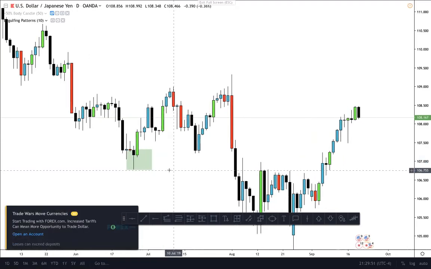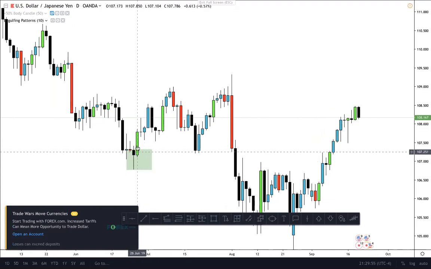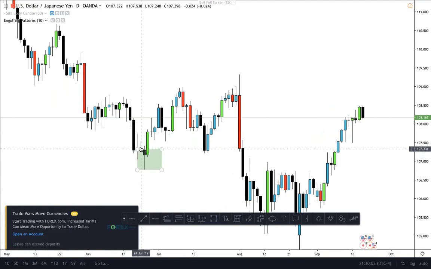Now, if the entire candle covers the body of the previous candles, then you include the previous candles, right?